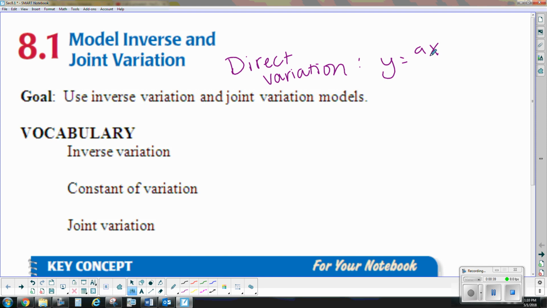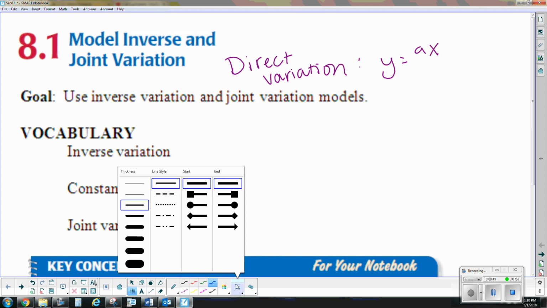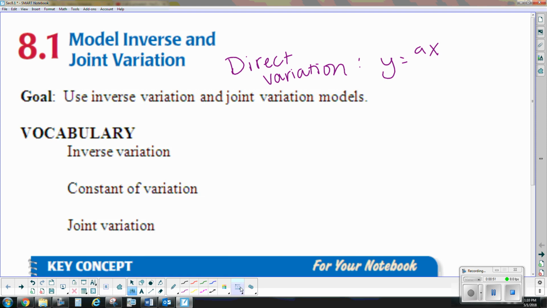Now the inverse here, what we're doing is we're saying a times x. The inverse operation of multiplication is division. So when we look at this inverse variation, we have y equals, instead of multiplying by x, we're dividing by x, where our constant of variation is a.